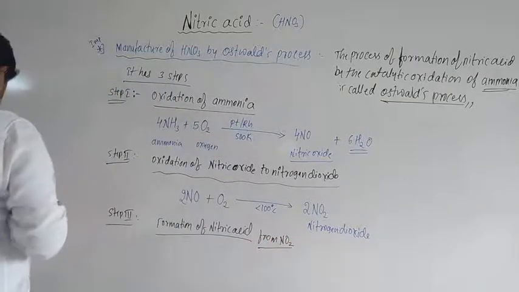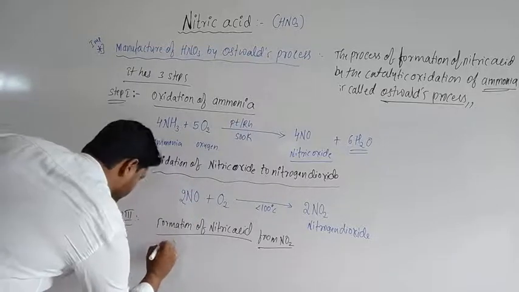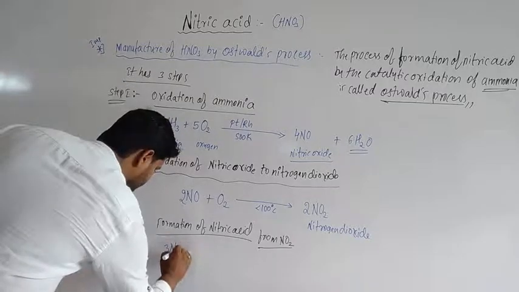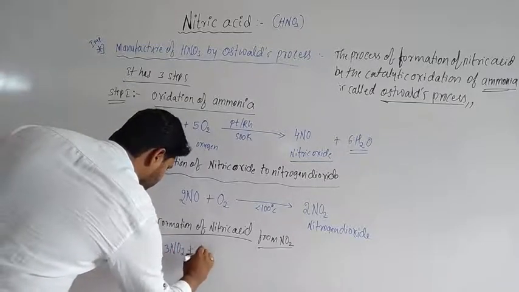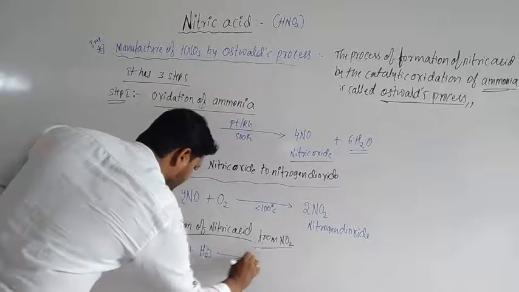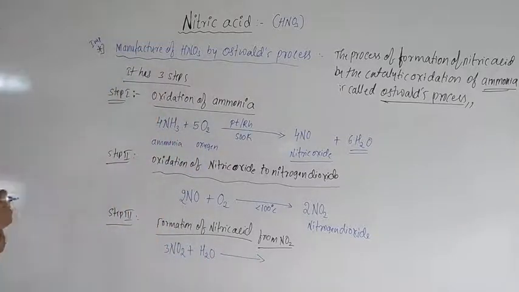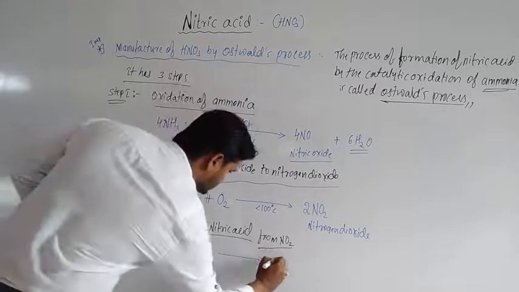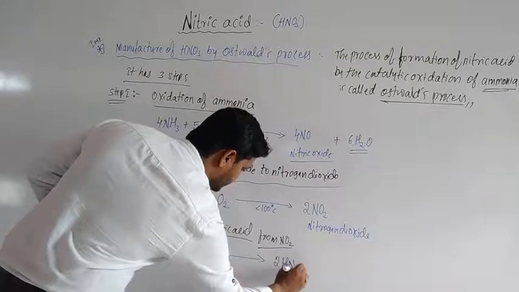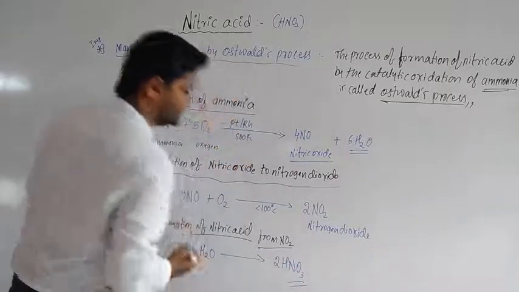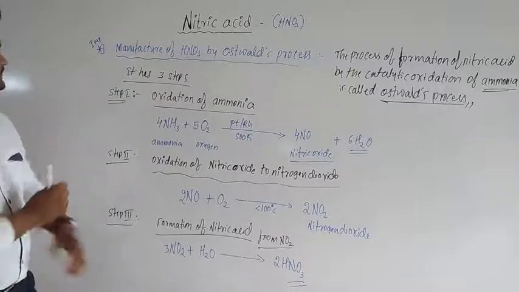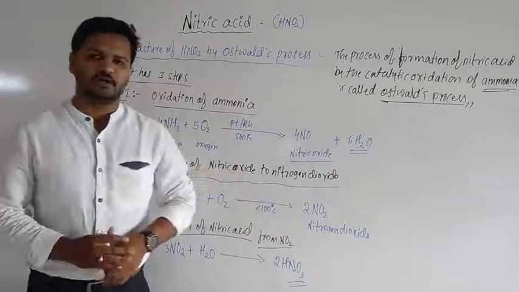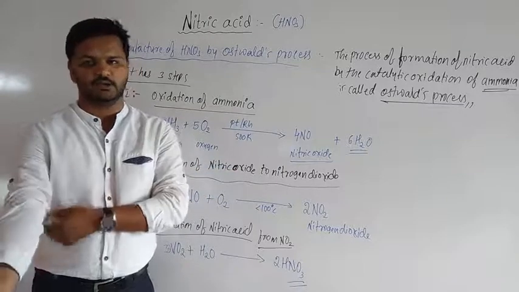Here, students, the reaction: 3NO2 plus H2O, and you will get the product 2HNO3. This is the formation of nitric acid. Simple, students. Ostwald process means the process of formation of nitric acid by the catalytic oxidation of ammonia. It is called the Ostwald process.